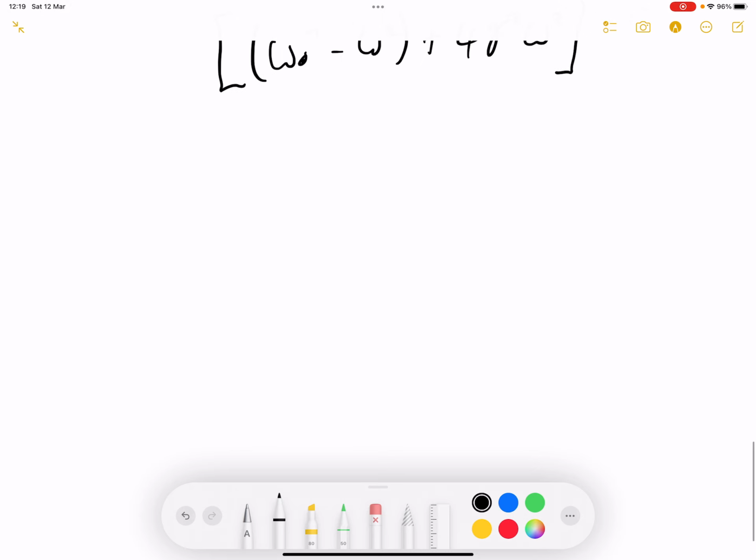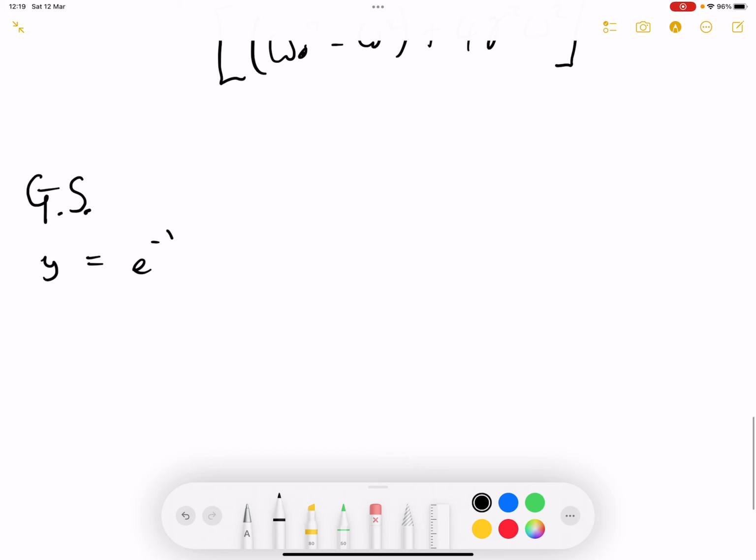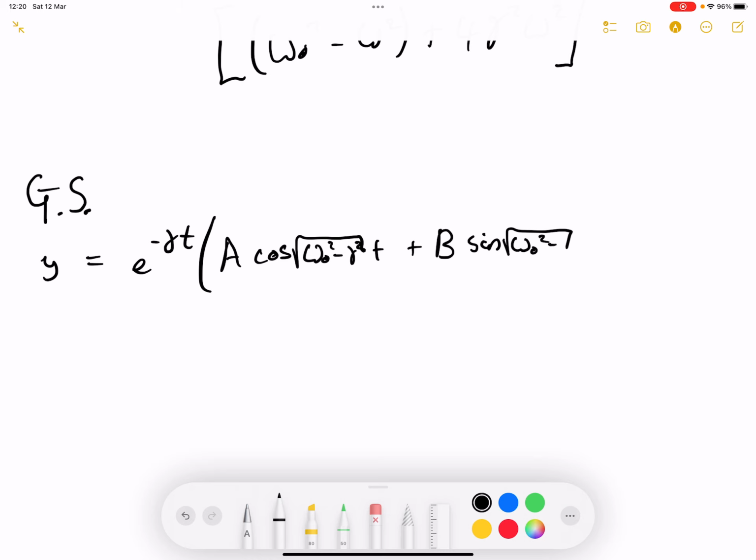So my general solution is going to be y equals the transient part, which was e to the minus gamma t times, I'm going to have to write this on many rows, times a cos square root omega naught squared minus gamma squared t plus b sine square root omega naught squared minus gamma squared t.